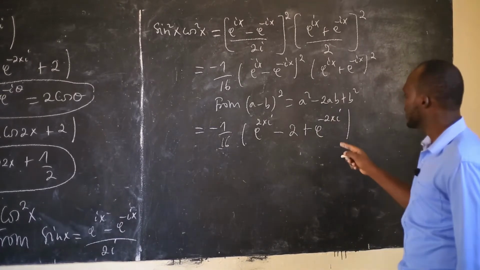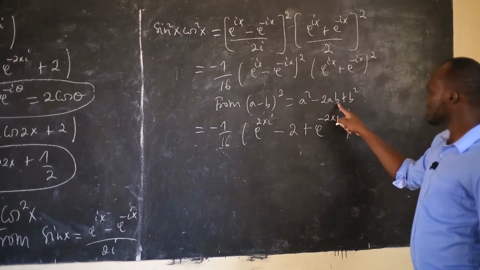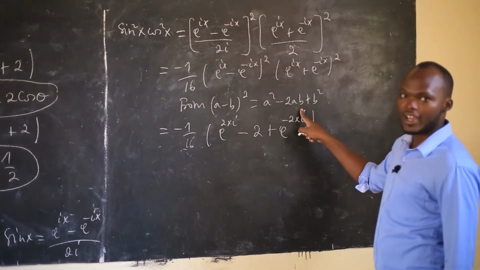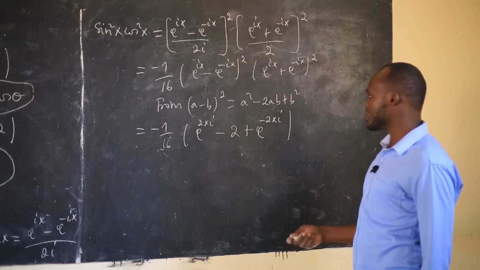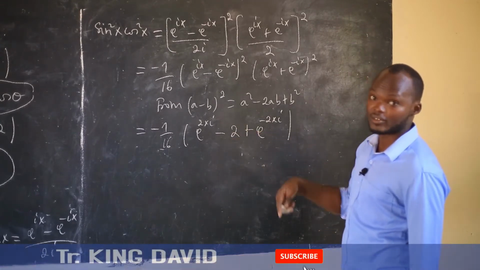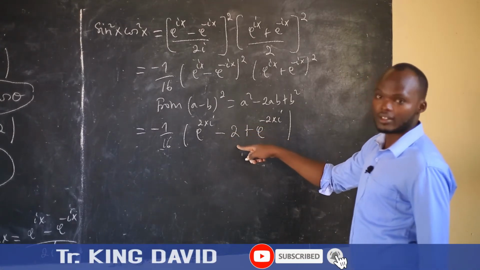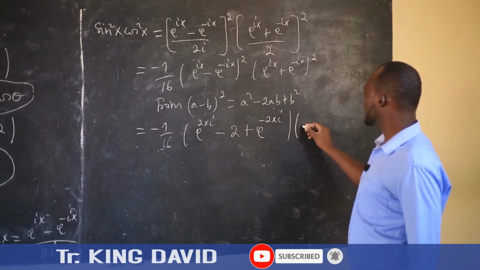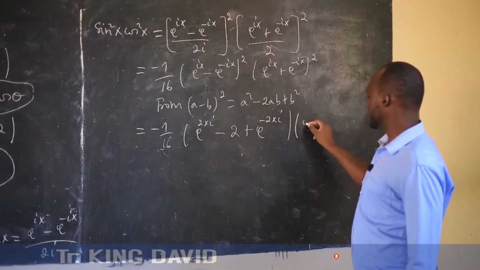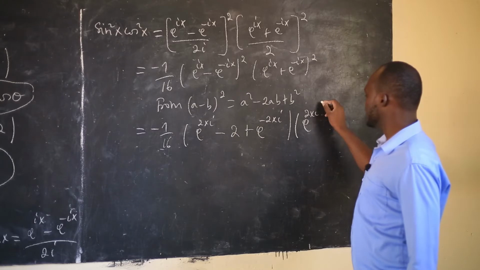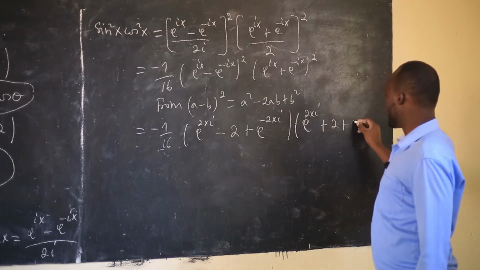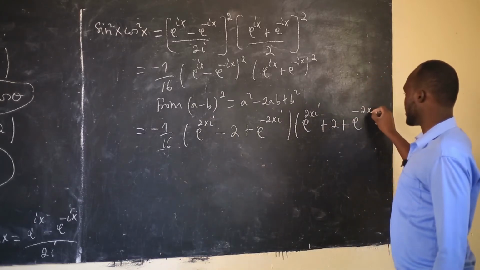Because for ab, e power ix times e power negative ix, we add the powers, we get e power 0, and e power 0 is 1. That's why we stay with only negative 2. Times, we have done this one, we got e power 2xi plus 2 plus e power negative 2xi.